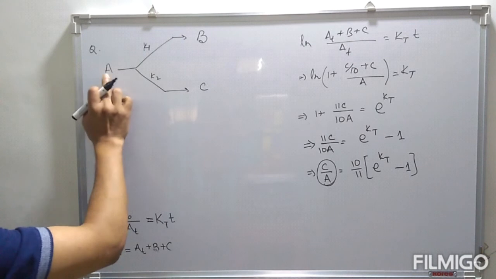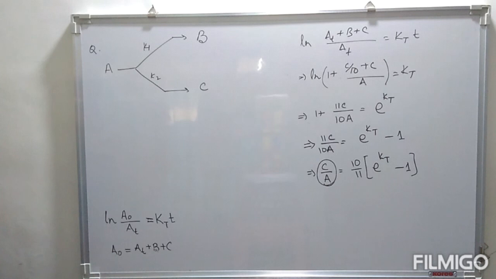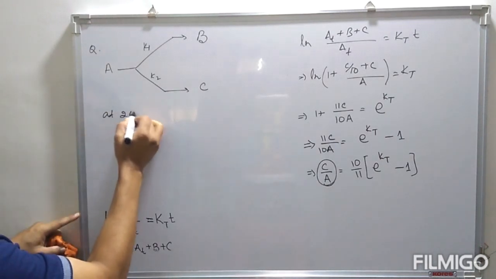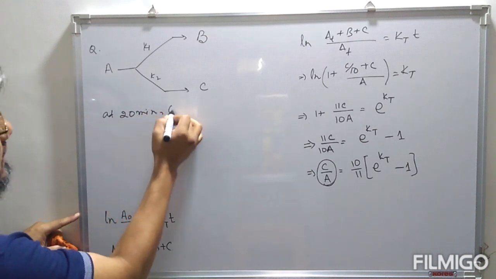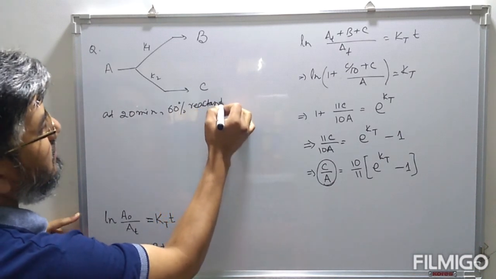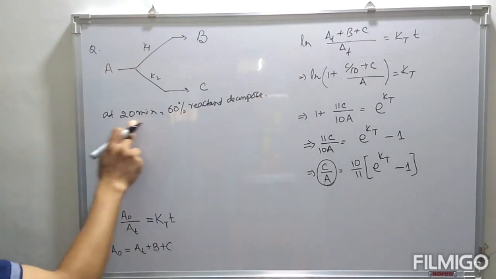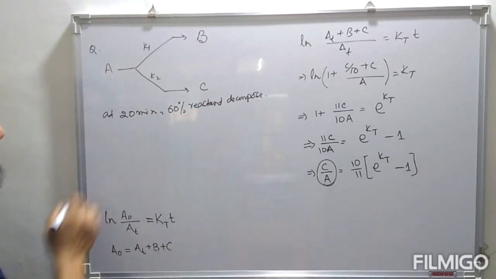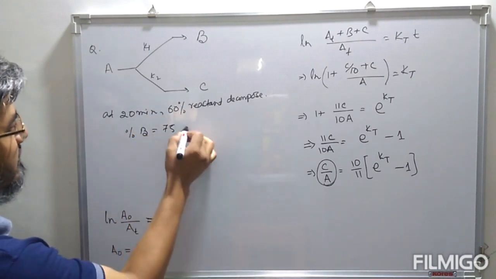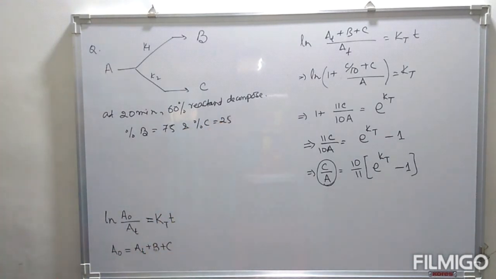Suppose again we have this type of equation, A giving you B, A simultaneously giving you C, with constants K1 and K2. The question says that at 20 minutes, 60% of the reactant decomposes, and in this case the percentage of B is 75 and the percentage of C is 25.